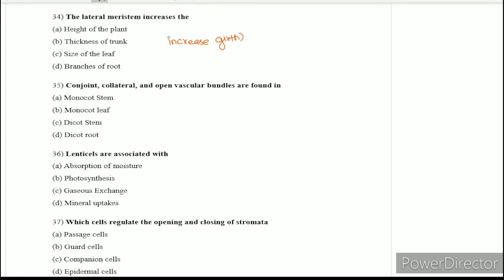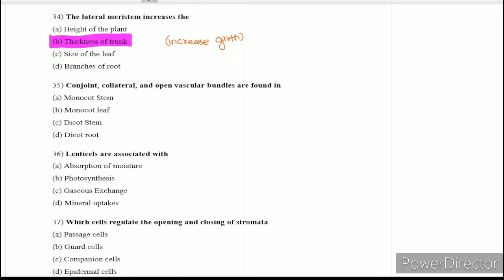So according to this, option B is the correct one, the thickness of the trunk. The lateral meristem increases the thickness of the trunk, or the entire tree.